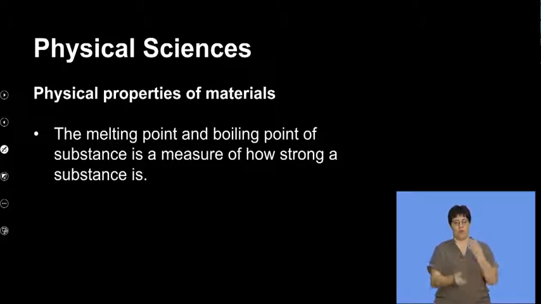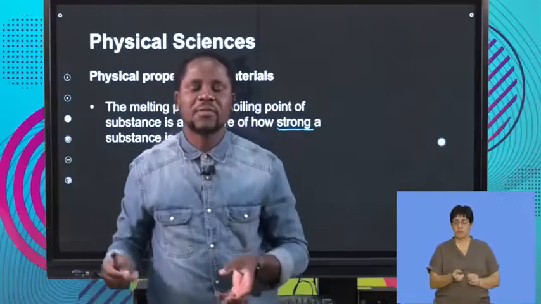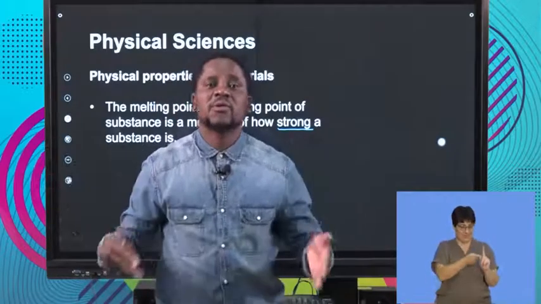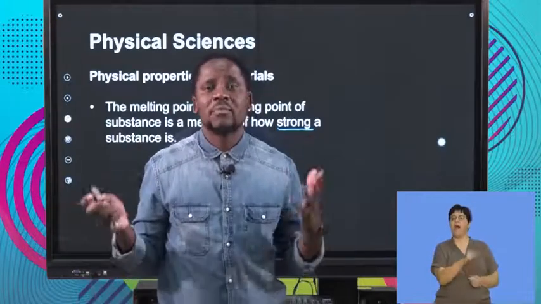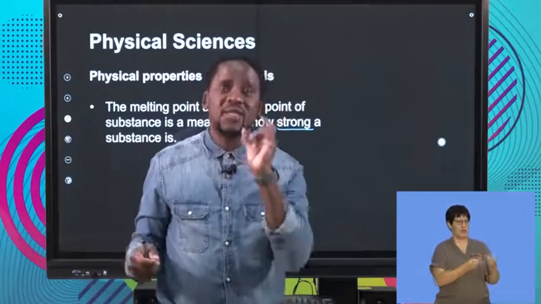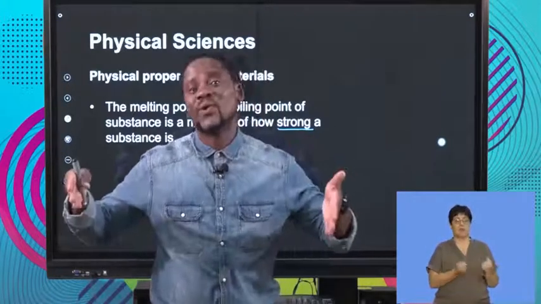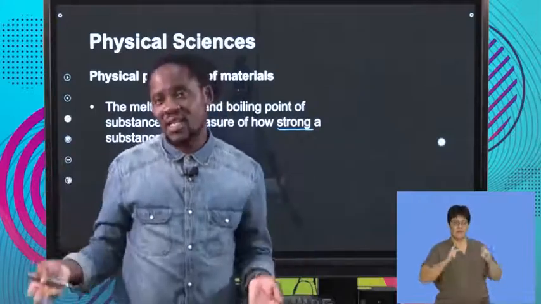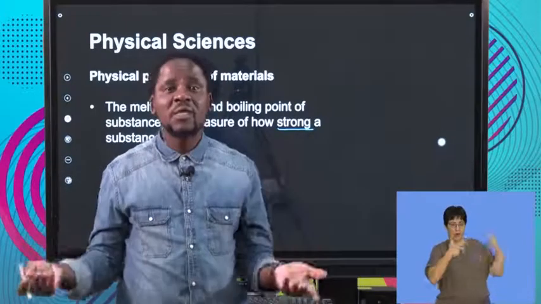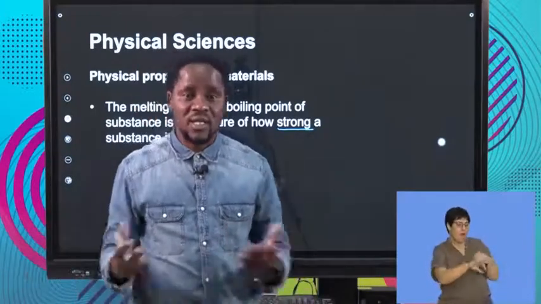Now, the melting point and boiling point of a substance are a measure of strength, or how strong a substance is. So if you are given the melting point of a substance, that tells us a lot about the strength of that particular substance. Strength is a macroscopic property, or a physical property, of a material, which will also determine how we use that material in everyday life.